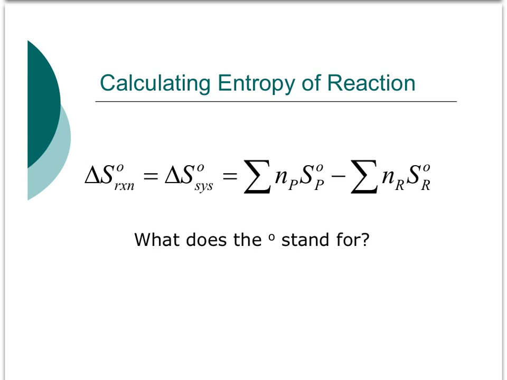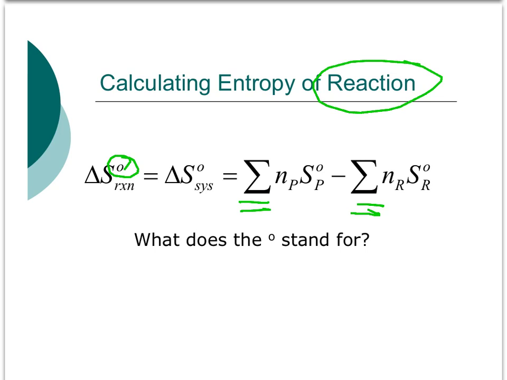And here is our first example of calculating the entropy change of a reaction. The form of this equation should look kind of familiar to you. These little summation signs and these little superscript zeros. You have seen this equation before, except in the context of, do you remember? Enthalpy.